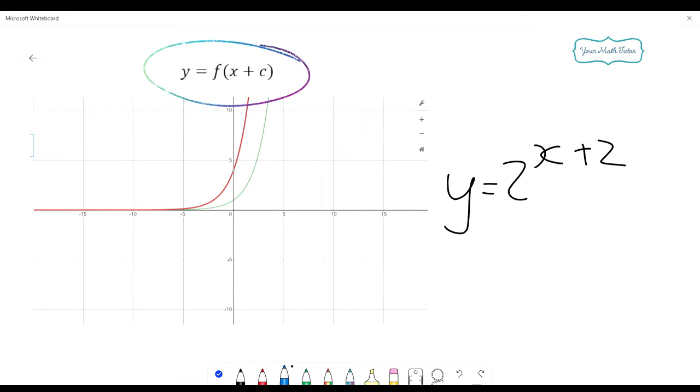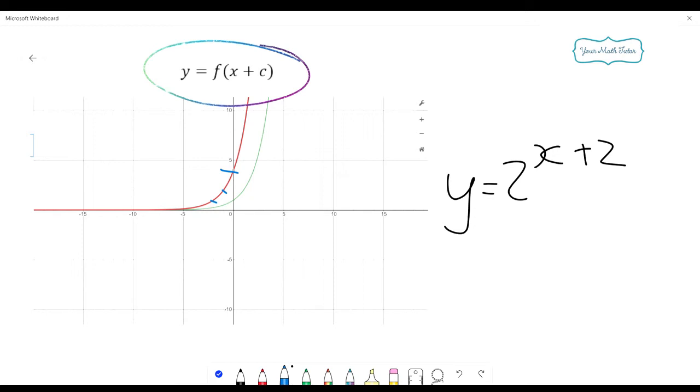Again, we look at our particular values. Y equals 4 was at x equals 2, but now it is at x equals 0. So it moved 2 units to the left. Y equals 2 was at x equals 1, but now it is at x equals negative 1. And y equals 1 was at x equals 0, but now it is at x equals negative 2. So the graph has been shifted 2 units to the left.